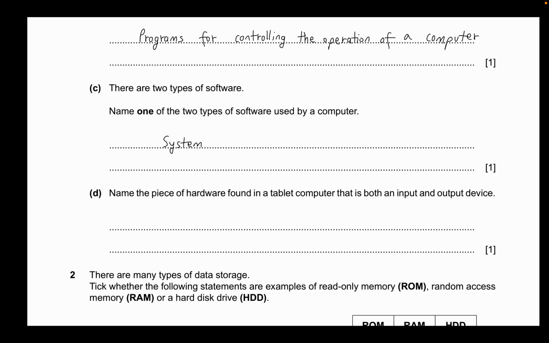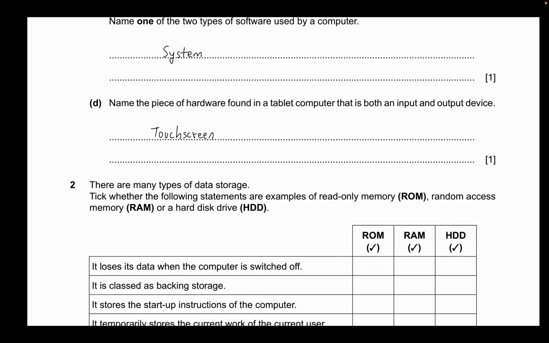And how does the touch screen function as an output device? It outputs the data of what you have typed. You're inputting data, and at the same time you can see the data shown as output. So we can say that a touch screen in a tablet computer is both an input and output device at the same time. Let's move on to the next question.